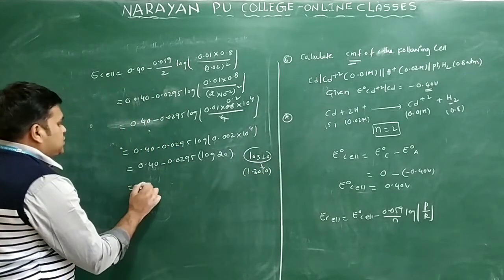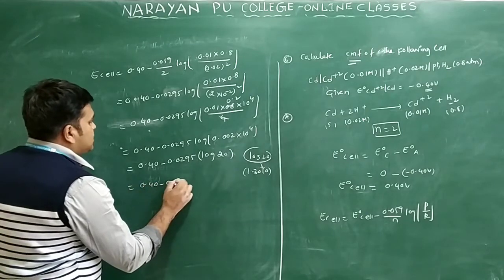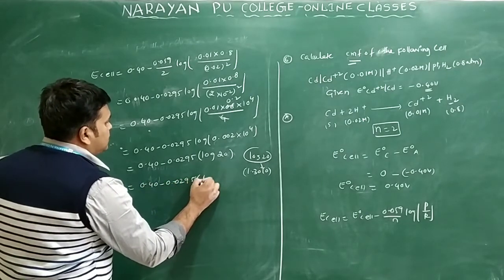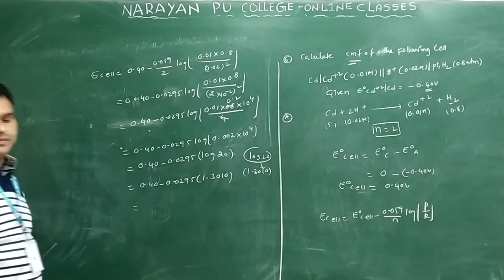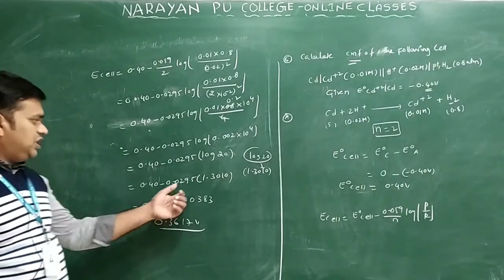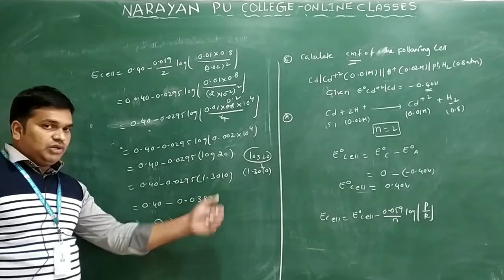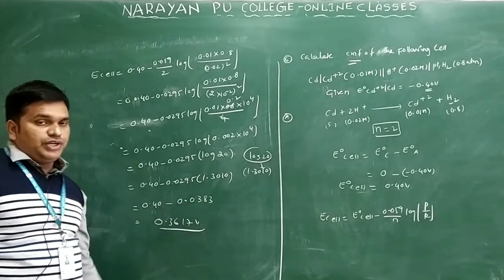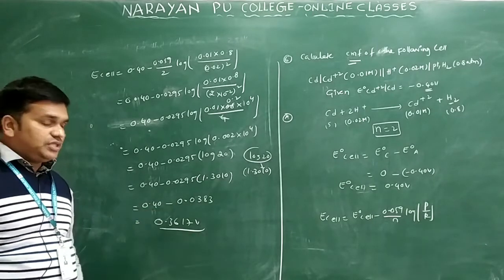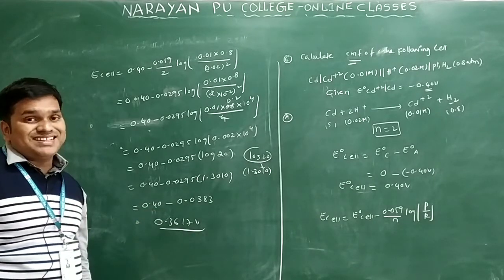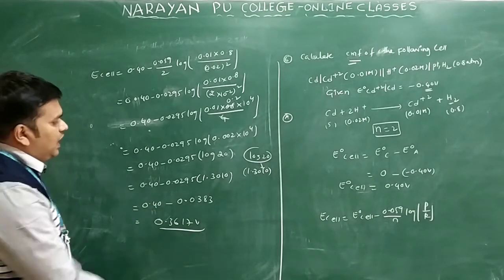Now we will write 0.40 minus 0.0295 into 1.3010. Multiplying 0.0295 into 1.3010, you will get 0.0383. 0.40 minus 0.0383, you will get 0.3617 only. So this is the answer for this question.